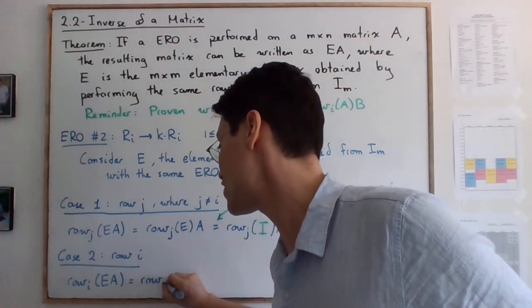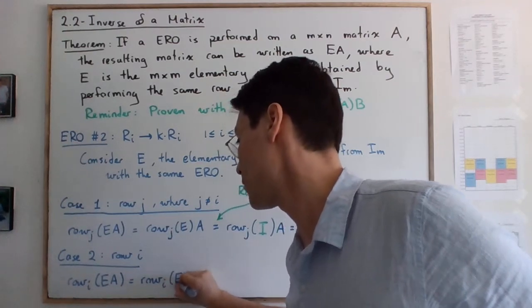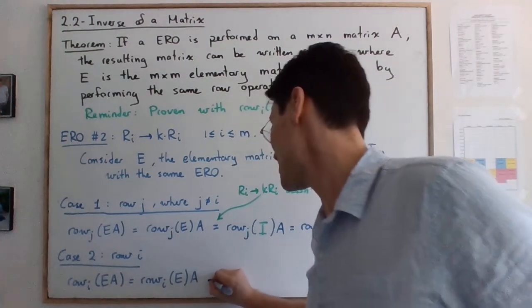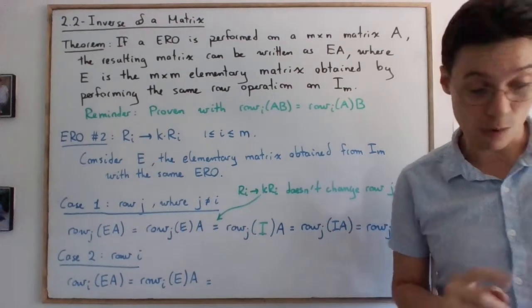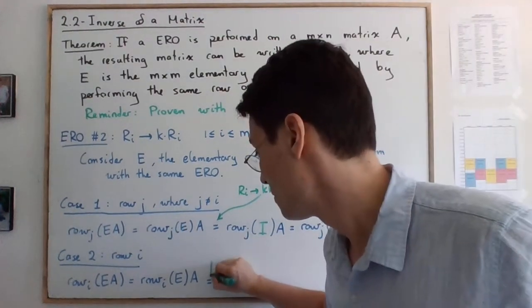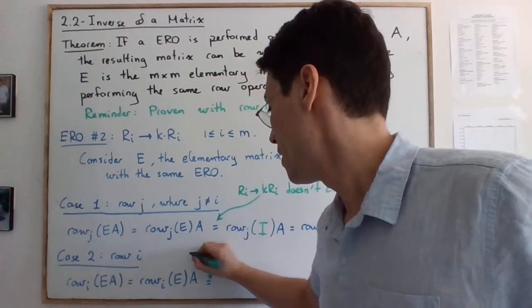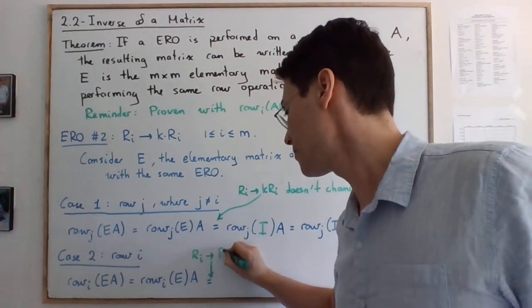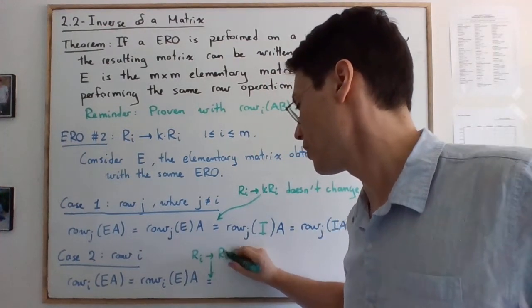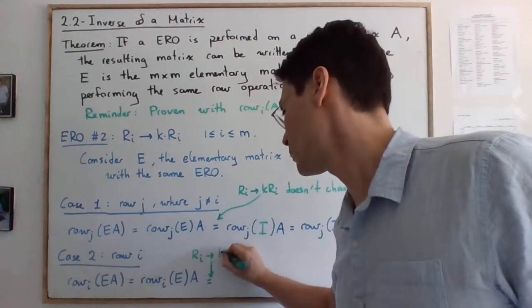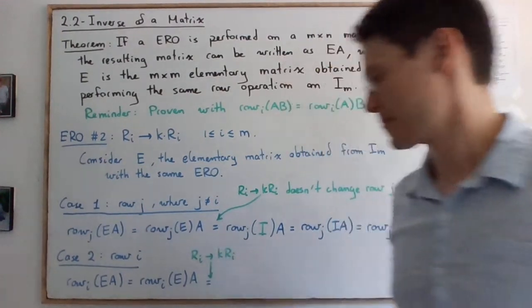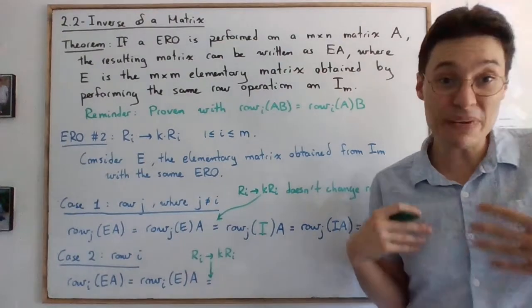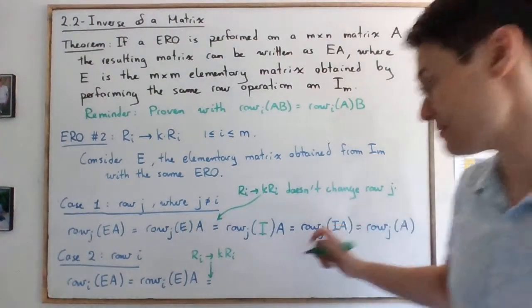The only thing that's going to change is the next step. We know that the row operation is row i, k times row i, and it has been performed on the identity matrix.